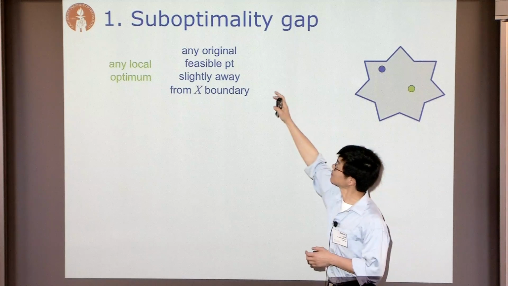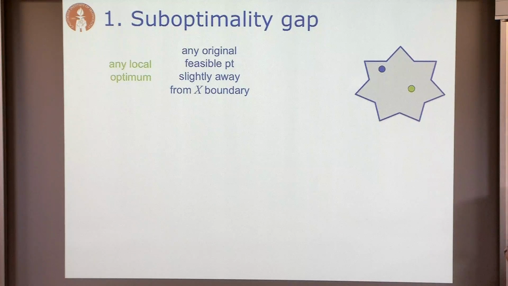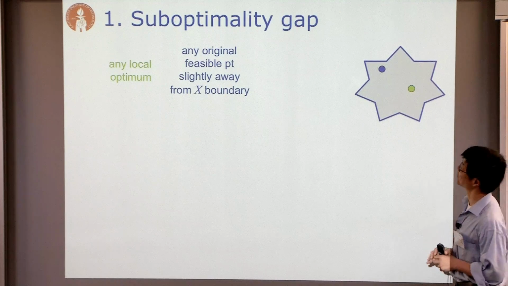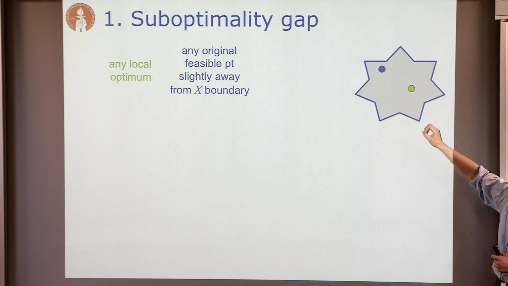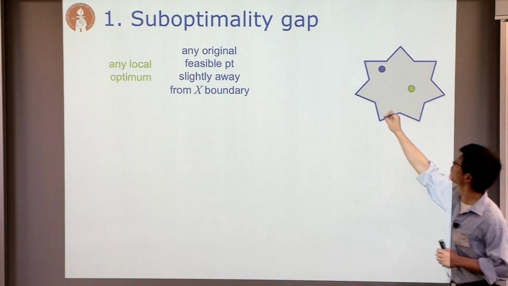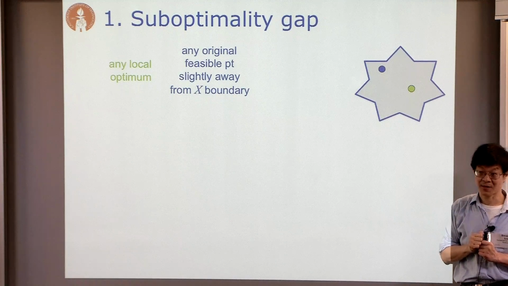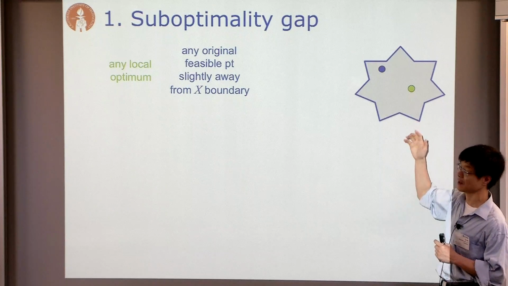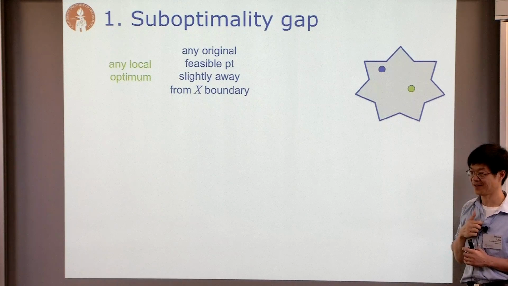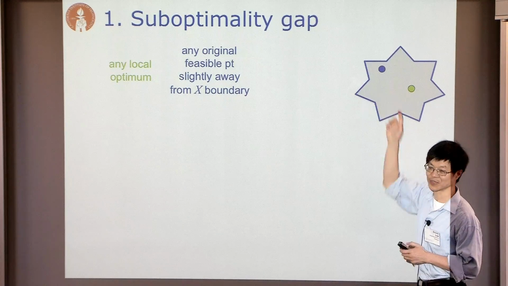Let's try to estimate the gap between any local optimum and the global optimum. It's not quite comparing to the global optimum. So the statement is the following. Pick any local optimum. Compare with any feasible point that's slightly away from the boundary. Now, the global optimum can happen to be at the boundary, which is not uncommon. But compare these two points.